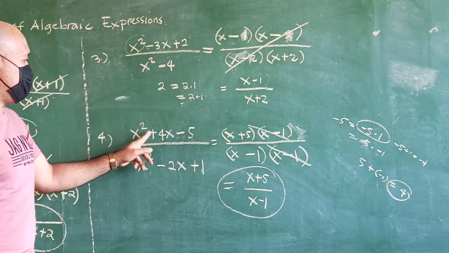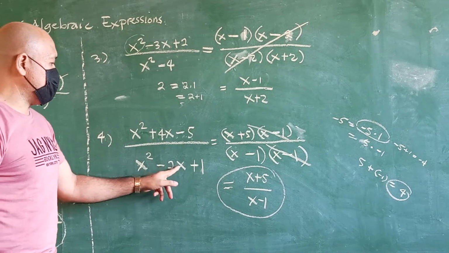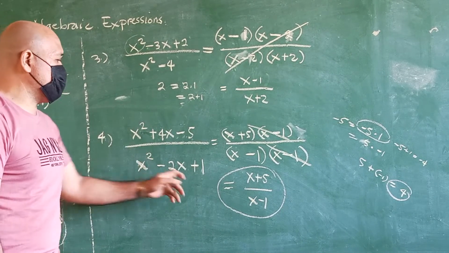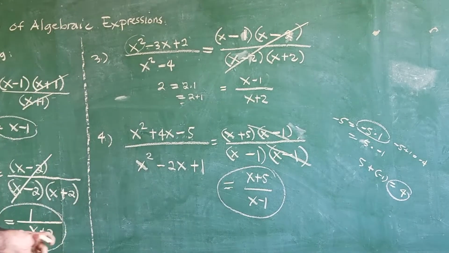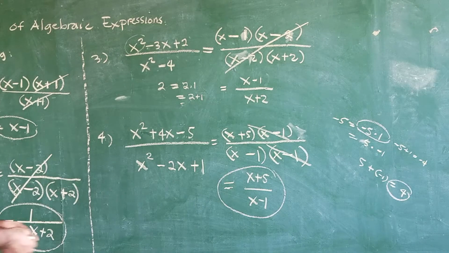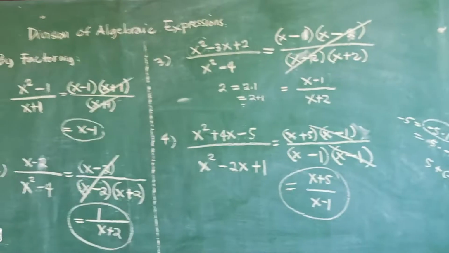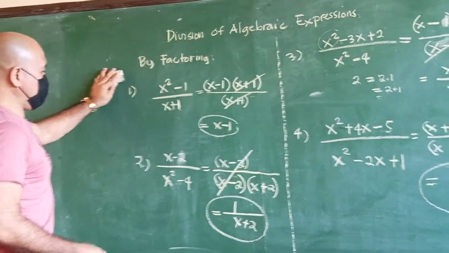When we divide x squared plus 4x minus 5 over x squared minus 2x plus 1, the result is x plus 5 over x minus 1. So I guess that is all for the division of algebraic expressions using the factoring method.